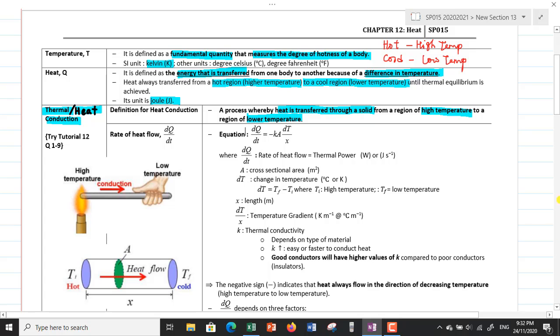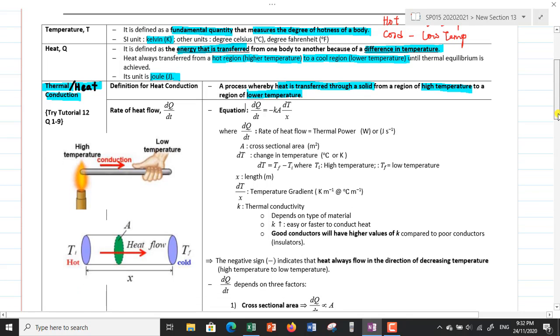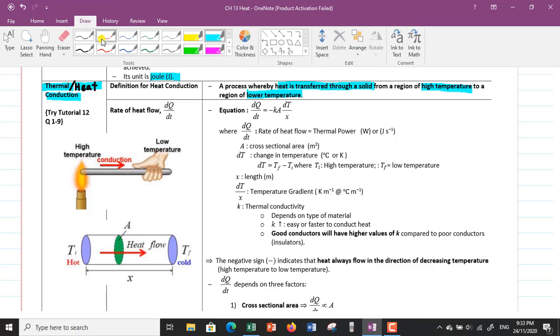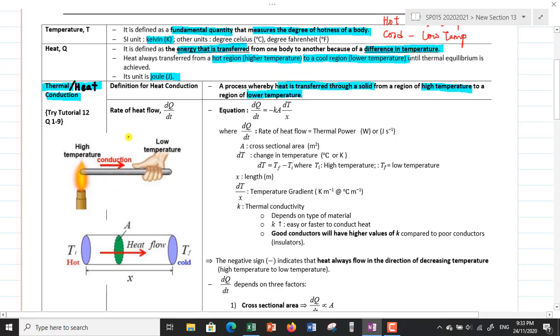Since we know that when there is a temperature difference, there will be heat conduction, the heat will transfer from high temperature to low temperature. But if you have a rod and both ends have the same temperature, equal temperature, then there will be no heat transfer.